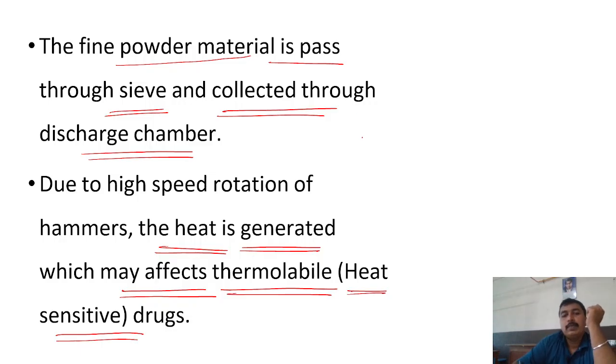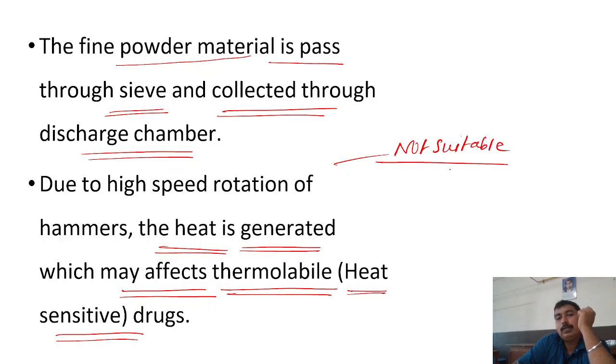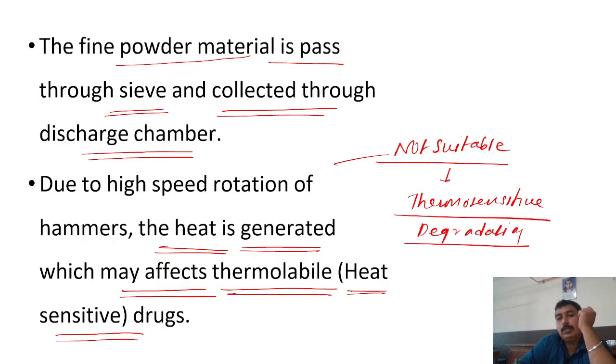That's why the hammer mill is not suitable for thermosensitive drugs. Thermosensitive drugs are those drugs which undergo degradation in the presence of heat or at high temperature. So those drugs which degrade at high temperature we cannot grind with the help of the hammer mill. Why? Because heat is generated inside the mill.